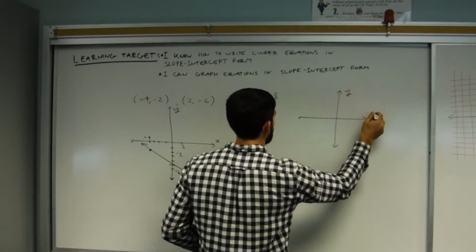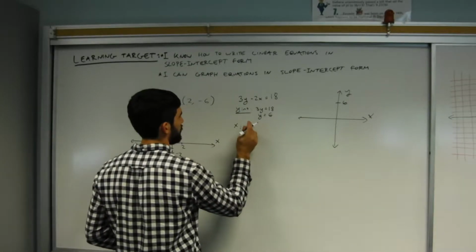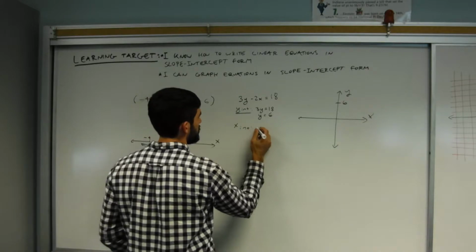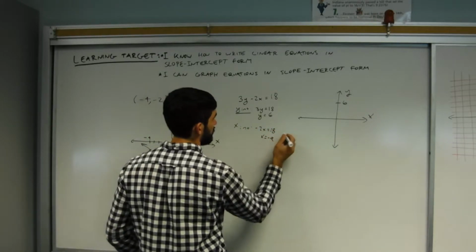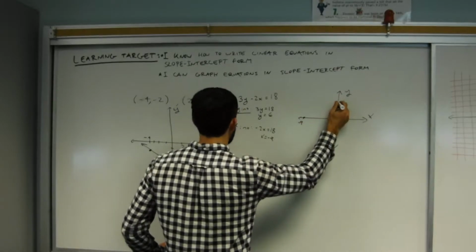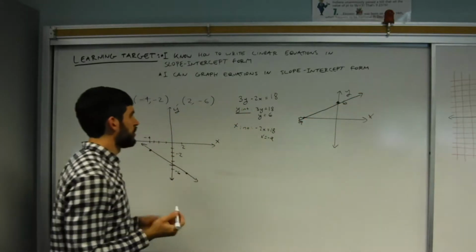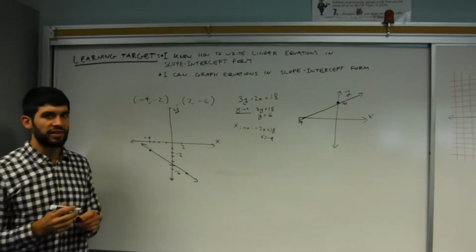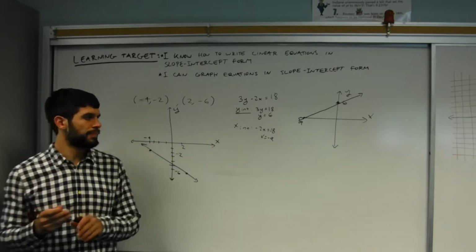On the graph, we'd have 6. Our x-intercept, we plug in 0 for y, so we get -2x is equal to 18, x is equal to -9. We just plot those points and connect the dots. So those are two perfectly valid ways to graph a linear equation.